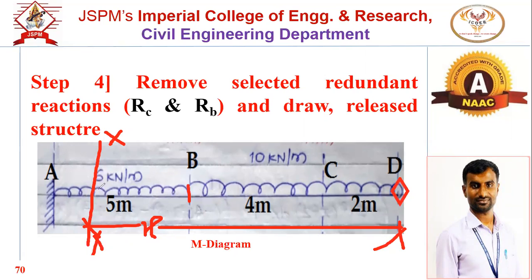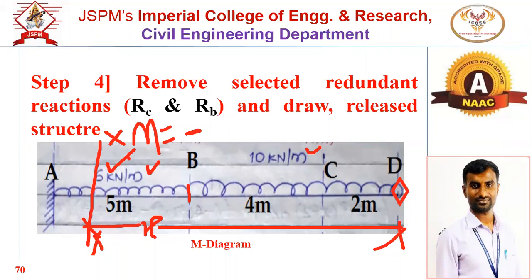First it will be 6 kilonewton per meter, and second it will be 10 kilonewton per meter, and the moment of both the UDLs will be minus. So for BA, it will be moment due to this UDL and this UDL. Initially we will consider the 10 kilonewton per meter UDL. The moment of this UDL about this section will be clockwise. That's why minus.